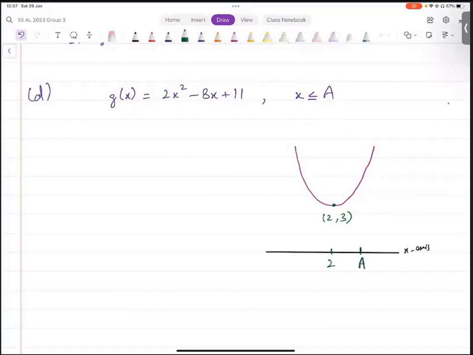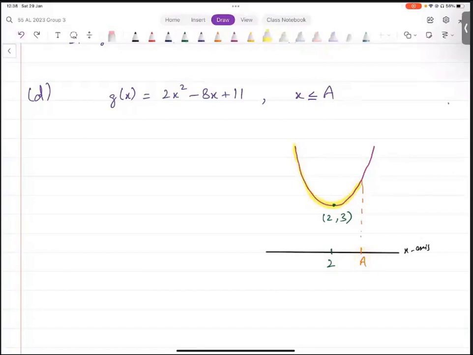Let's make that assumption for now. A was here. This function would be defined for all values less than or equal to A. ये आपका पूरा फंक्शन यहाँ तक इस तरह से डिफाइंड होता अगर A यहाँ पर होता तो. Right? That's what we're assuming.